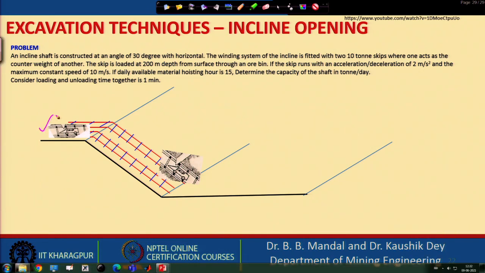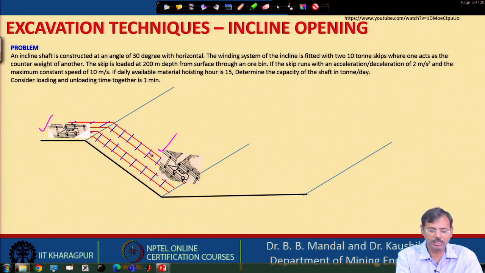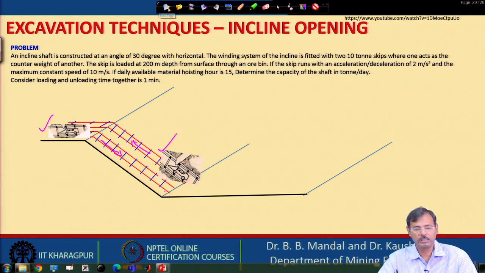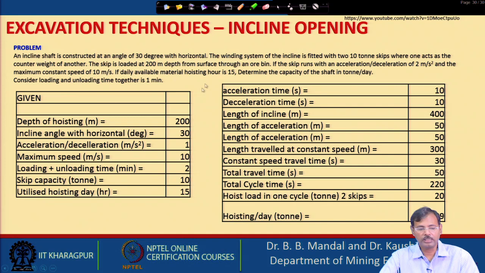So, this skip is unloading, this skip is under loading. So, this is moving like this, and that time this is coming down like this, and when this skip is under loading, this skip is under unloading.